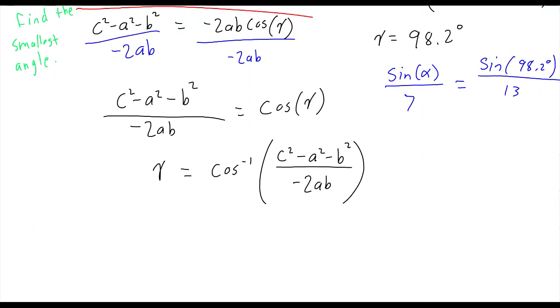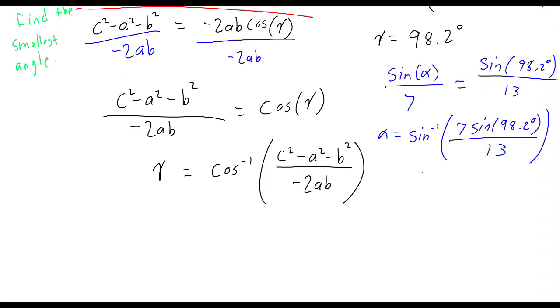So once I rearrange this, I get alpha equals the inverse sine of 7 times sine of 98.2 degrees over 13. So that's what I'm going to type in my calculator. And I get 32.2 degrees. Again, that's the first one. Let's see.